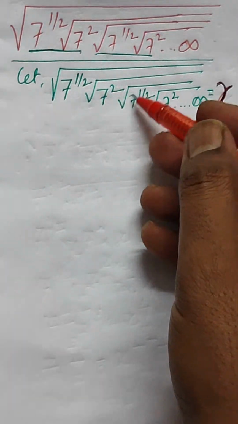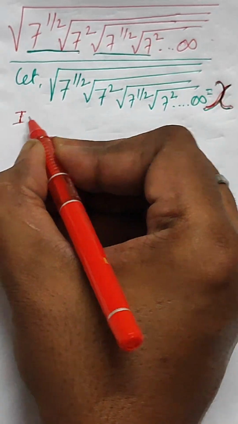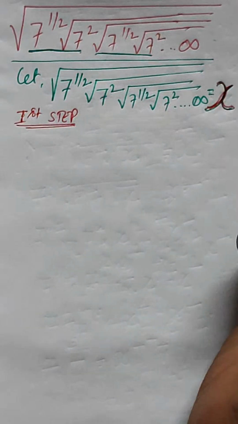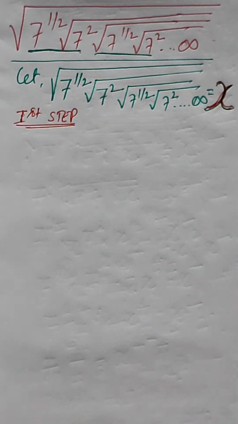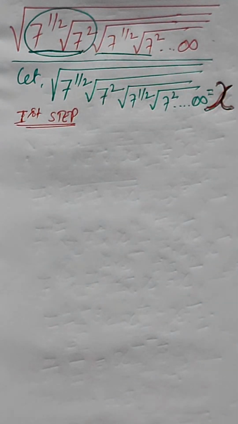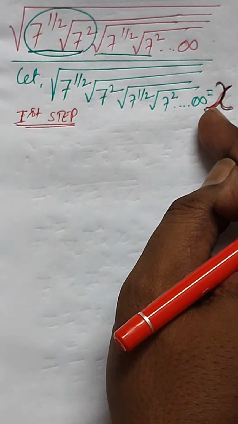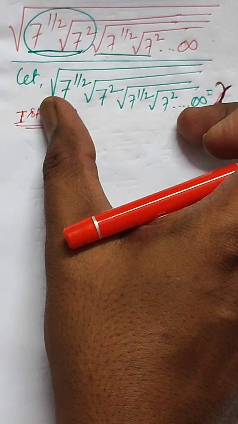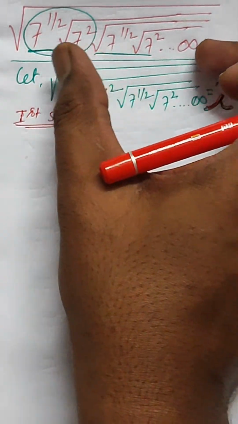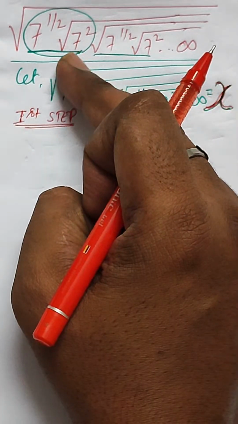So the first step should be like this: take one of the set, and for the rest of the repetitive terms, put it as equal to x, what we have assumed. Because there is no loss in taking all those numbers till infinity except one.